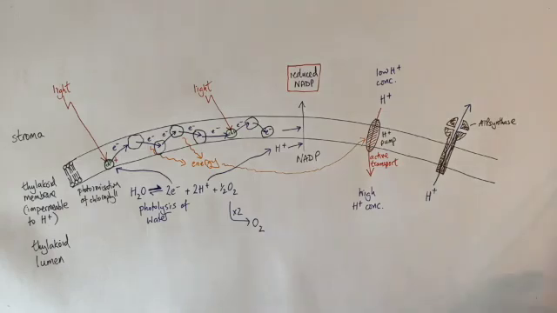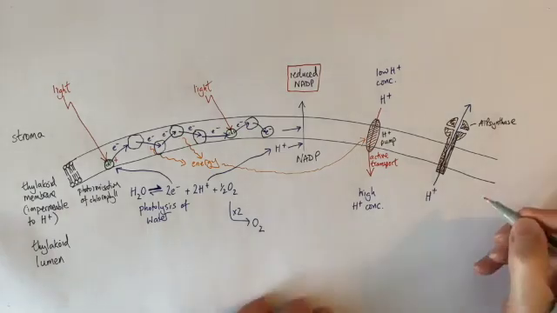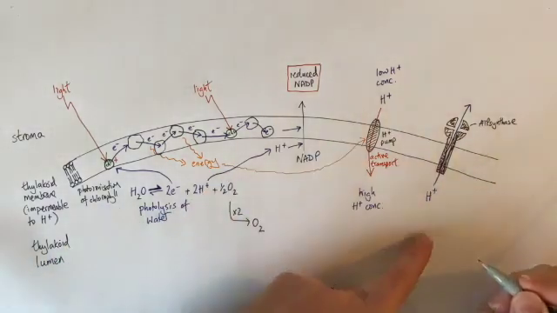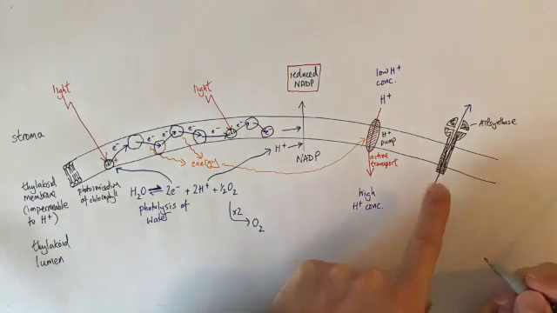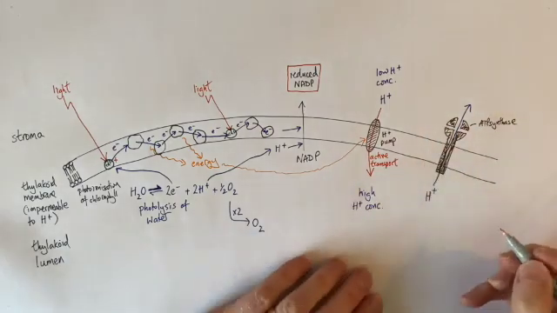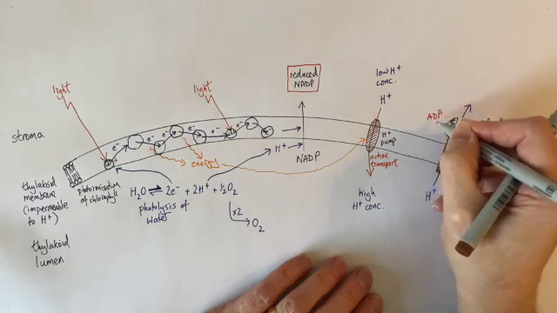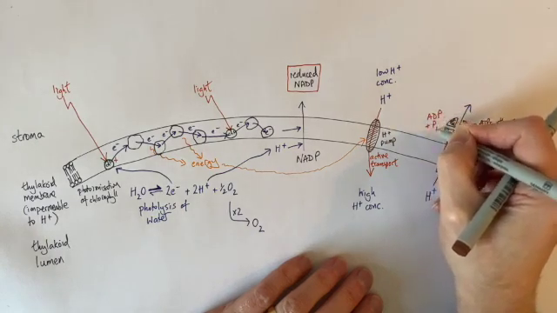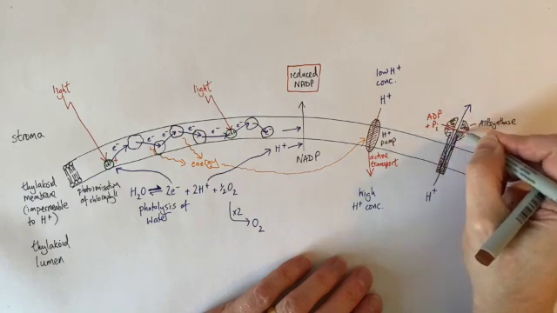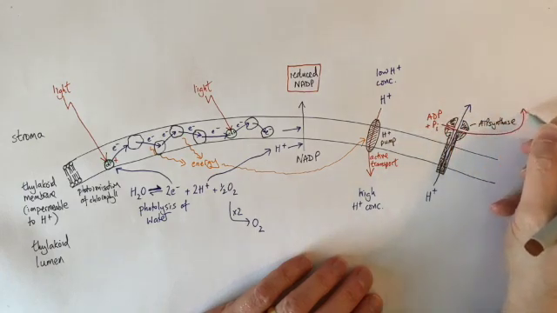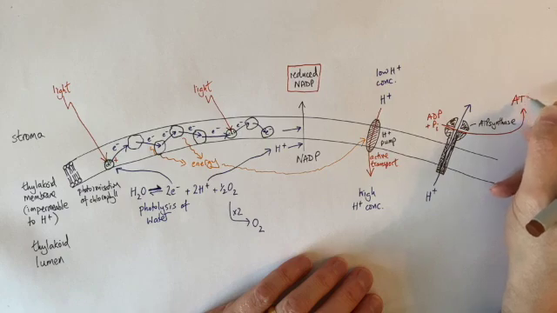And what that enzyme does is this. It uses the energy that is being released by the hydrogen ions flowing down their electrochemical gradient to join together ADP and inorganic phosphate to make ATP.